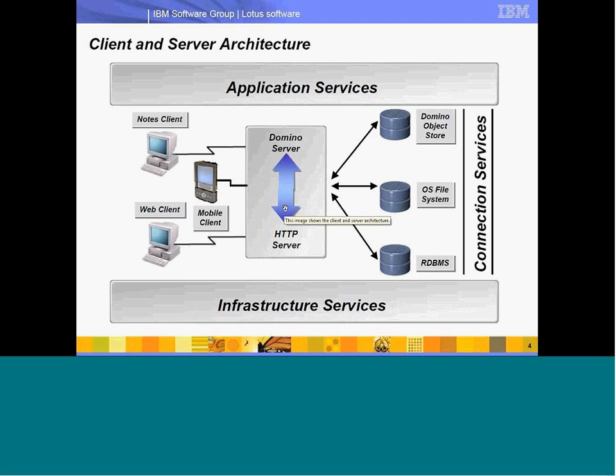There are two options. If you decide while you're installing your server that this should be a web server, then during installation you have the option to select the HTTP services.